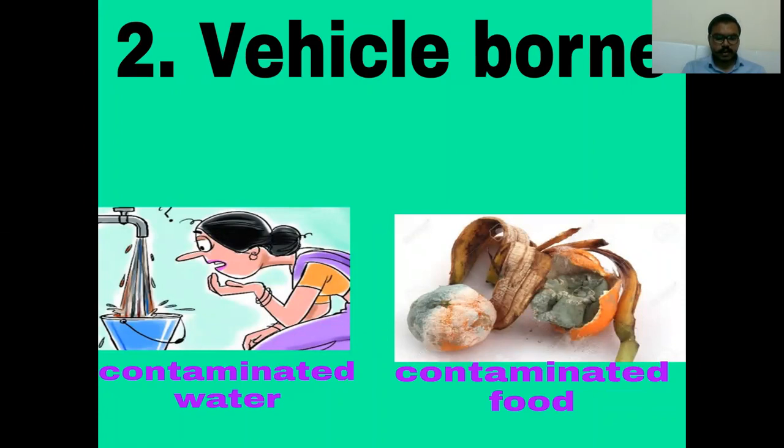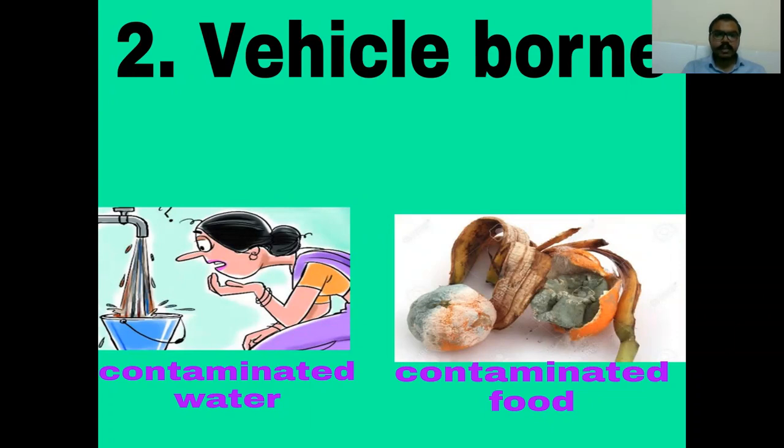The agent may or may not have multiplied or developed in the vehicle before being transmitted. Diseases transmitted in this way include cholera, dysentery, typhoid, polio, worm infestation, jaundice, eye and skin infections. Flies may also help carry the infectious agent from contaminated articles to exposed food.